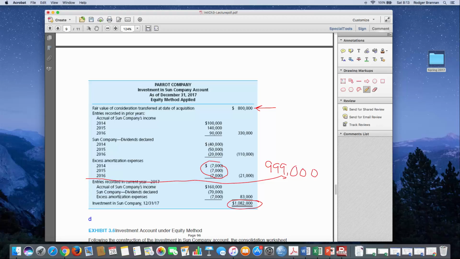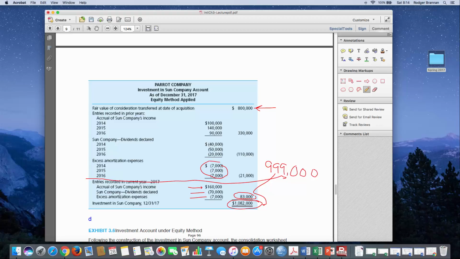Then in 2017, that Sun Company earned 160, so parent will pick that up, less its dividends of 70, less the amortization. So you're going to have a net adjustment here of plus 83,000. So 990 plus 83 gives you this ending balance of 1,082,000.